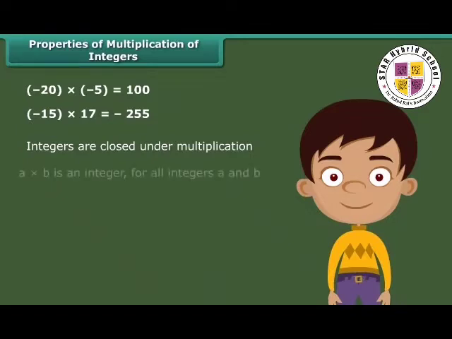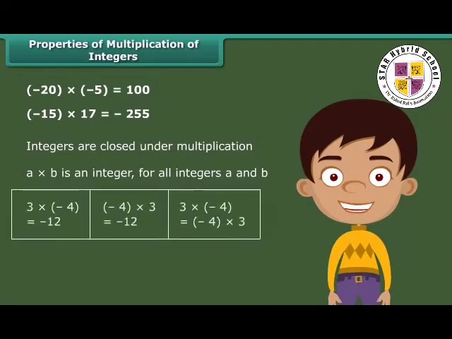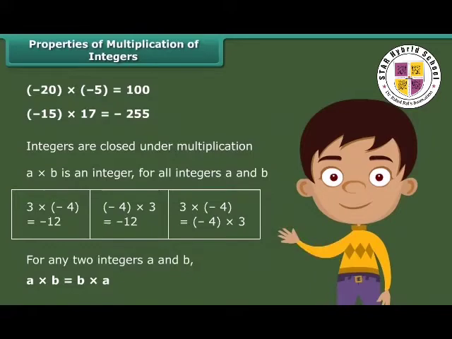In general, a into b is an integer for all integers a and b. Now observe this example. We can say that 3 into -4 is equal to -4 into 3. Therefore, multiplication is commutative for integers. In general, for any two integers a and b, a into b is equal to b into a.